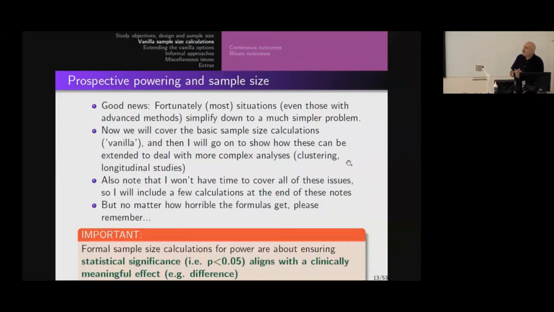Okay, the good news is that fortunately most situations, even those that are a little bit complicated, do simplify down to much simpler problems. So now what we'll do is we'll cover the basic sample size calculations. And then I'll go on to show how these can be extended a little bit for various situations.